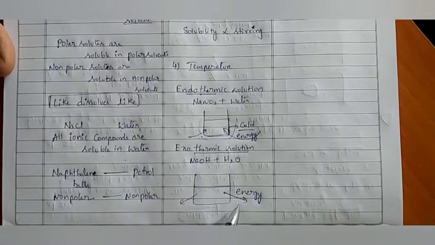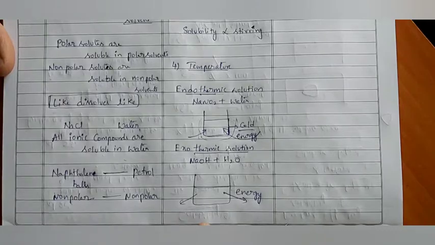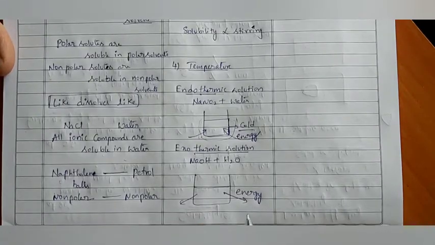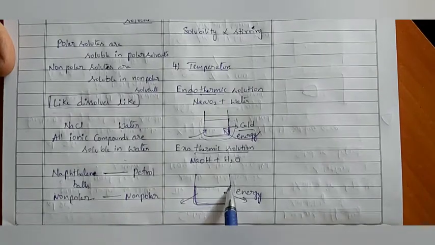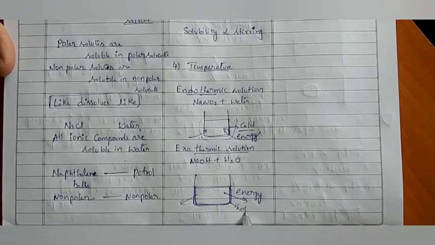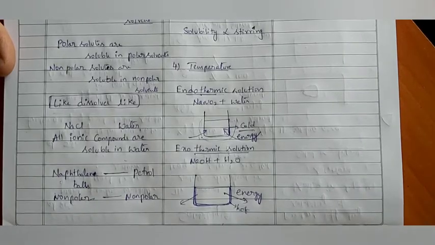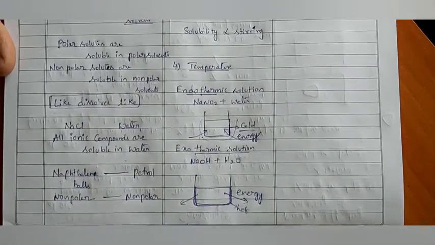The solution which is formed by the releasing of energy is called an exothermic solution. If you touch the beaker, it will be hot, because energy is released by the beaker, that means the solution. Is it okay? Two types of solutions, you are clear.